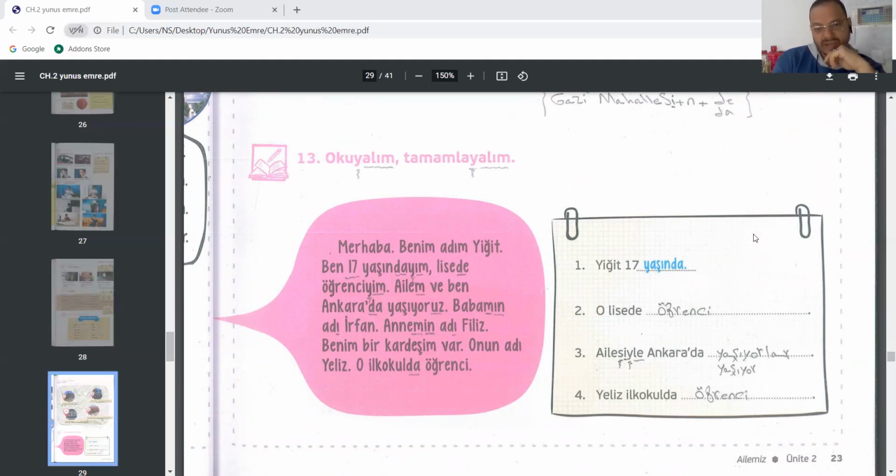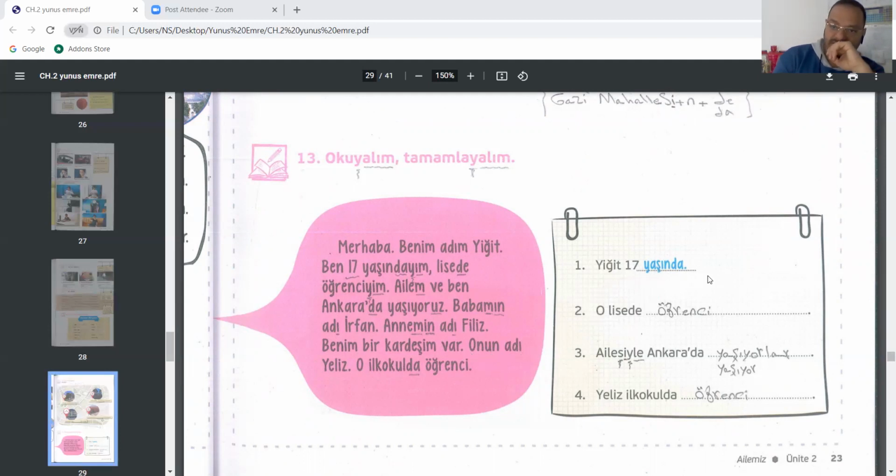Babamın adı Irfan. My father's name is Irfan. Annemin adı Filiz. Benim bir kardeşim var. I have one sibling. Onun adı Yeliz. Here onun means his or her name, Yeliz. O ilk okulda, at primary school. She is a student at the primary school.